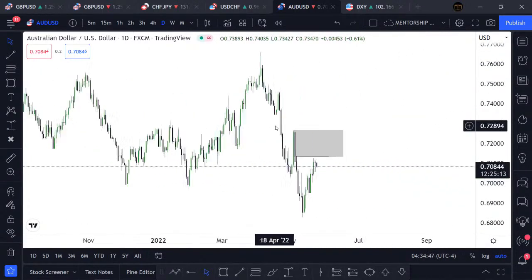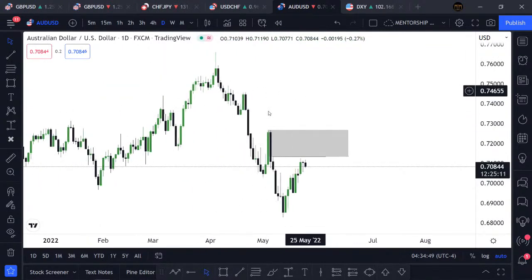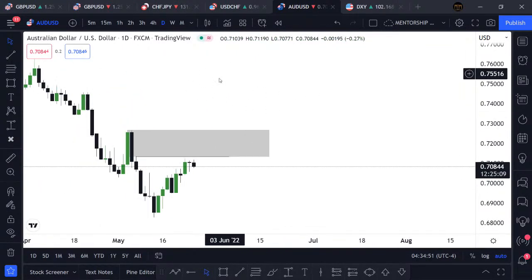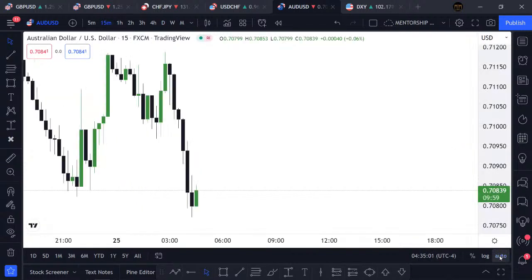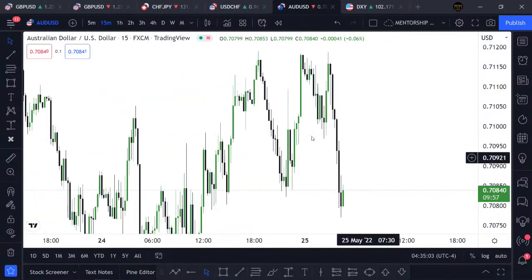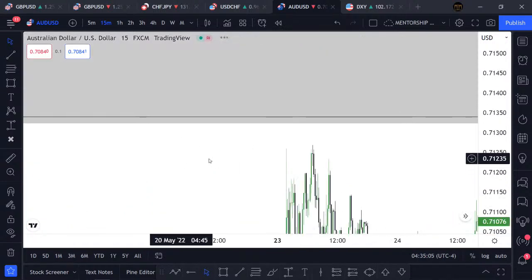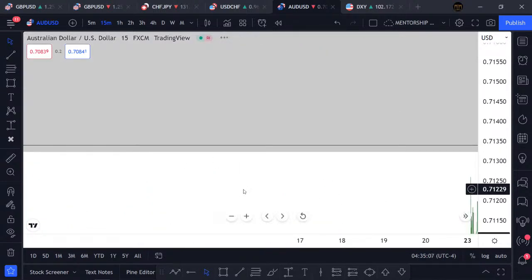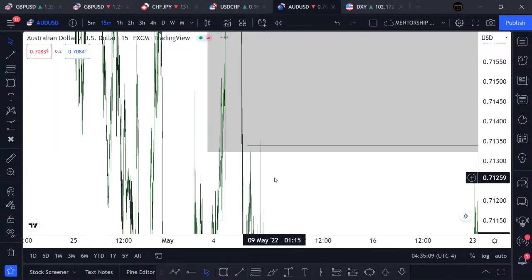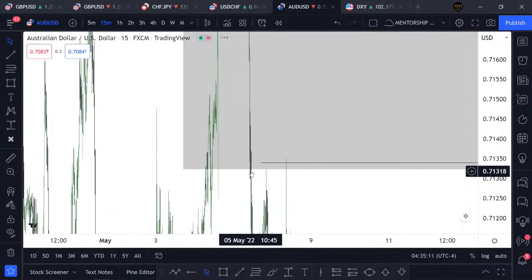This is the Aussie dollar, the Australian dollar against the United States dollar. This is where we are doing our analysis, on a 15-minute chart. We're looking for institutional levels and relative equal highs.